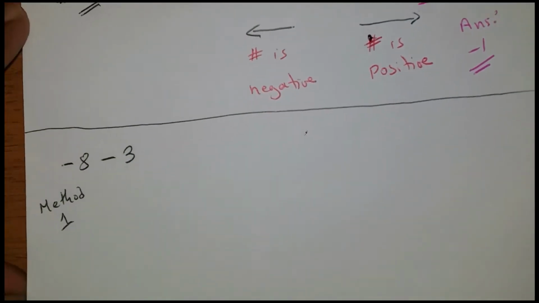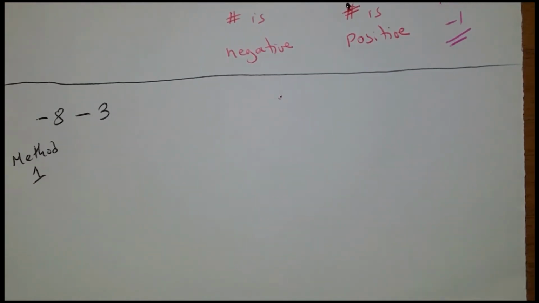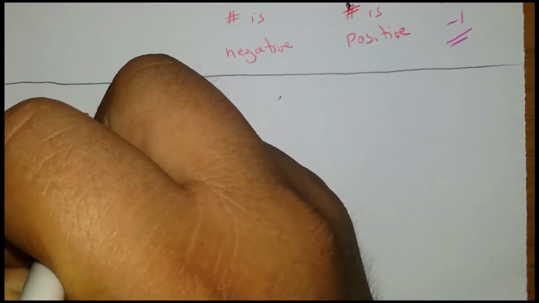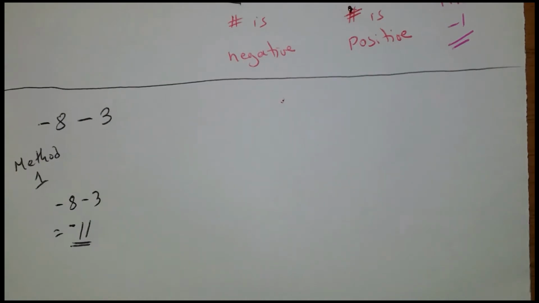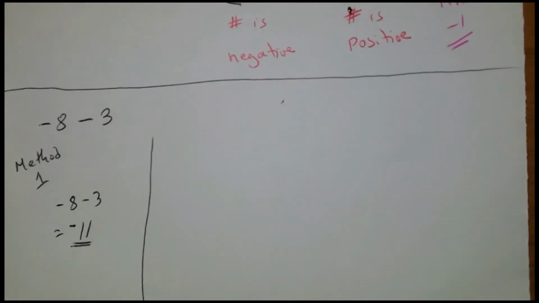The numbers that we have are 8 and 3. So 8 plus 3, that's going to be 8, 9, 10, 11. So my answer here is going to be 11, and it is going to be negative because I keep the sign.